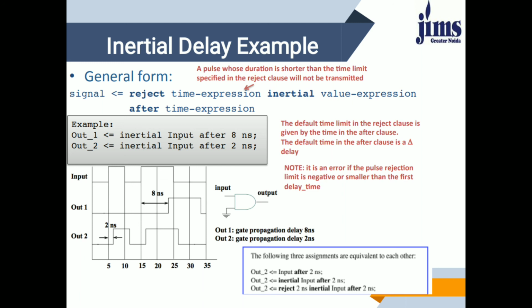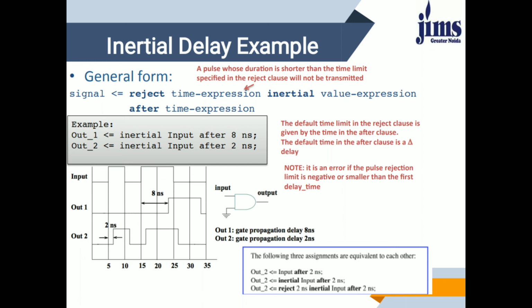Then we give the expression, then we write after this many nanoseconds, that is, the time expression we need to define. For example, out_1 is inertial input after 8 nanoseconds, whereas out_2 is inertial input after 2 nanoseconds. The default time limit in the reject clause is given by the time in the after clause.